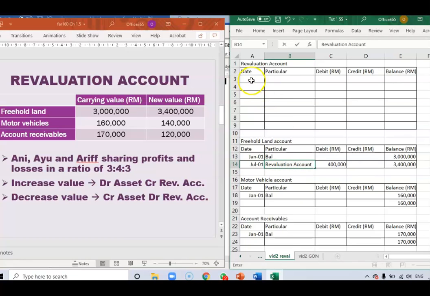In your revaluation account the date is July 1st. This is for the freehold account. So when it's debit here, of course, the revaluation will be on the credit side.